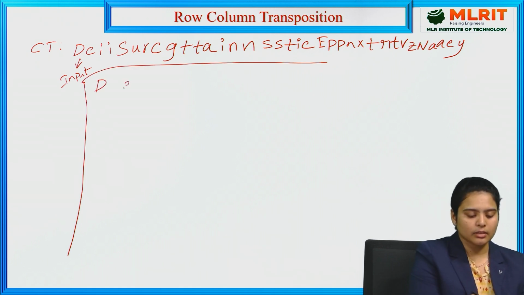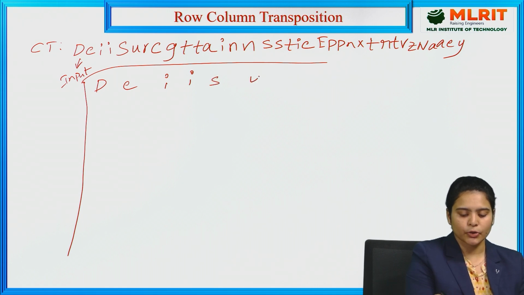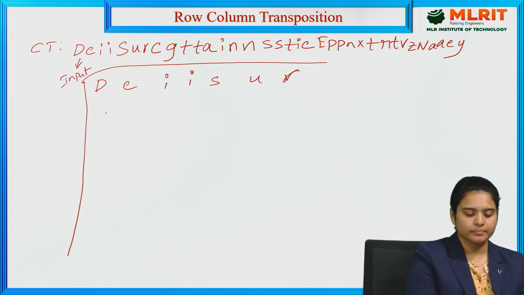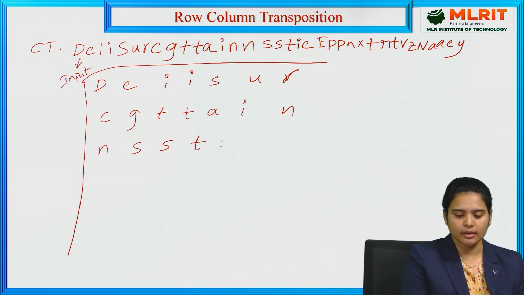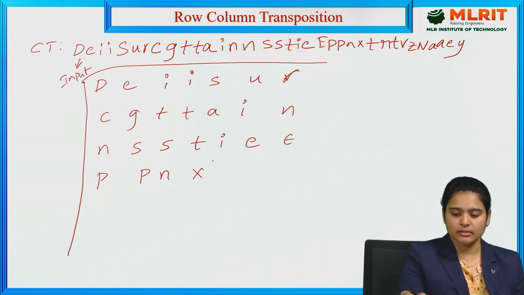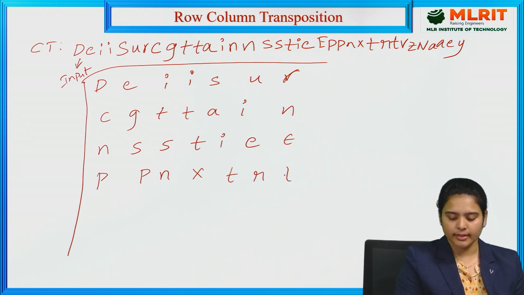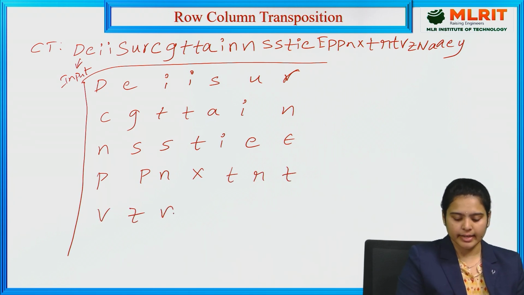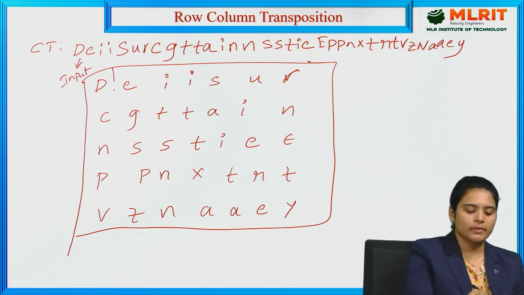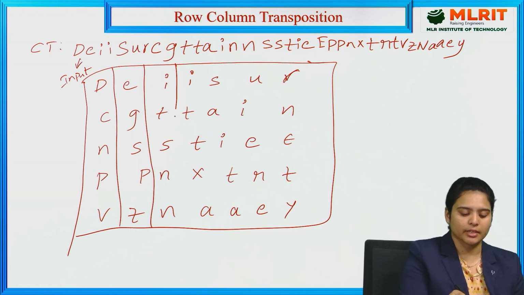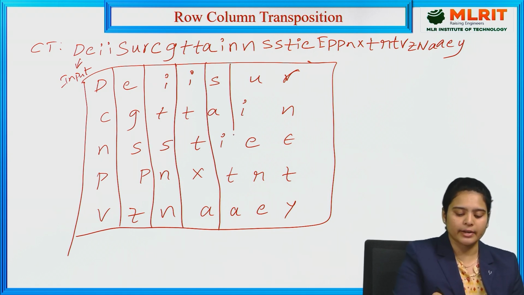That is D, E, I, S, U, R, then columns 4, 5, 6, 7, 7 columns, and C, G, T, T, A, I, N, S, T, I, E, P, N, X, T, R, T, V, Z, N, A, A, E, Y. By solving this, we will get one more example of the ciphertext, using the same process of 5 rows and 7 columns.